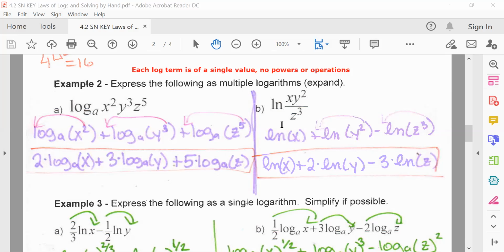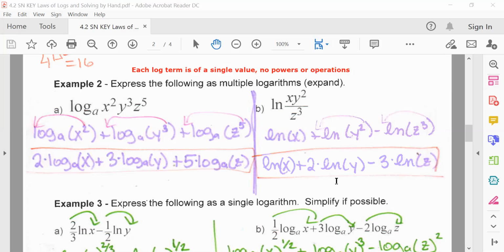Then z to the third is being divided, so it will be minus natural log of z to the third. The plus sign is because the x and the y squared are being multiplied. Two factors that are multiplied inside a log split into 2 separate logs added. Then a division would be a subtraction.